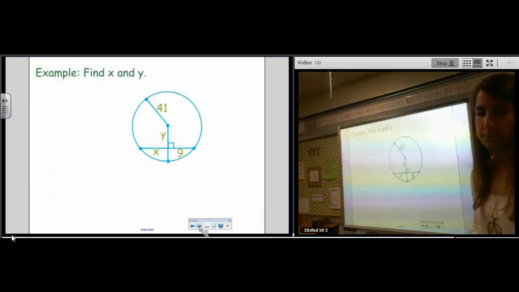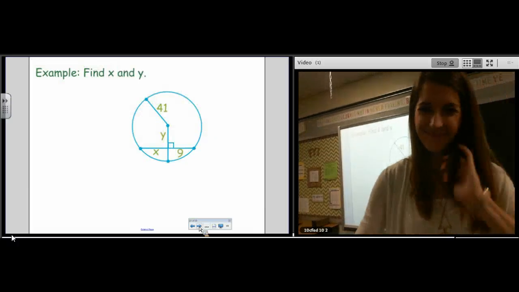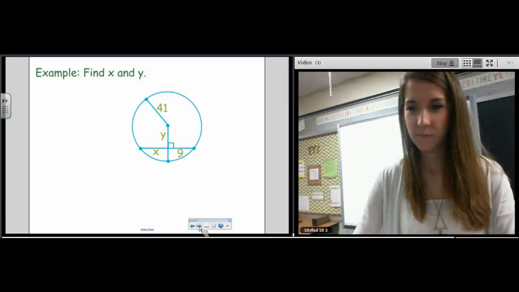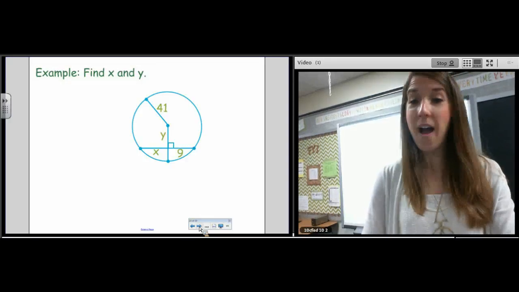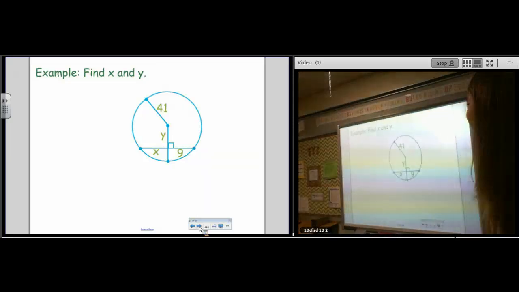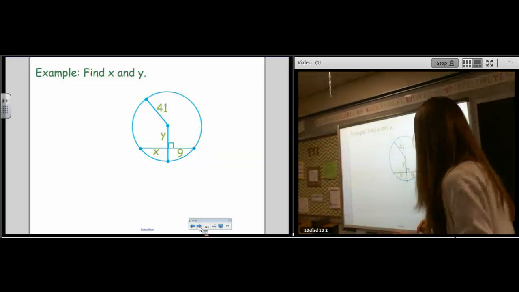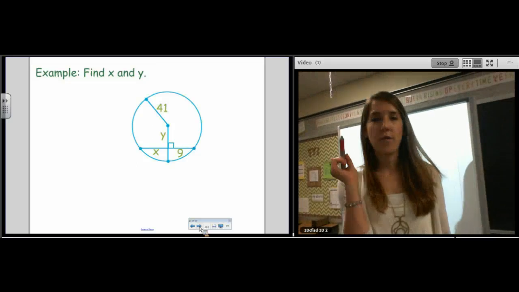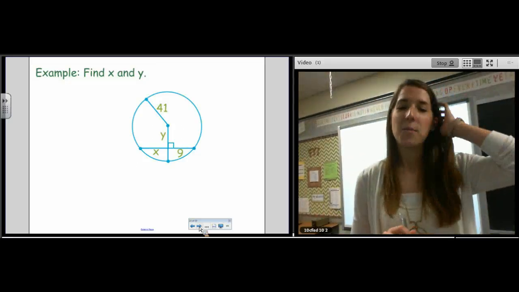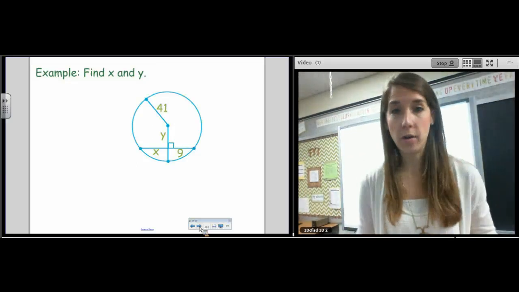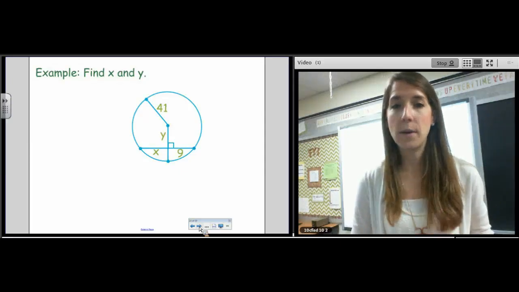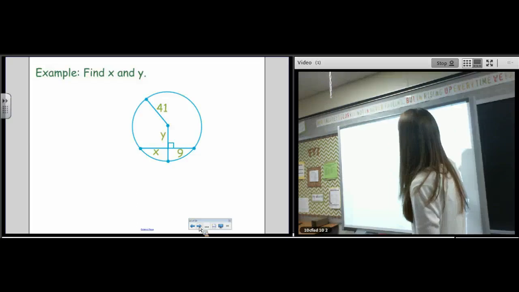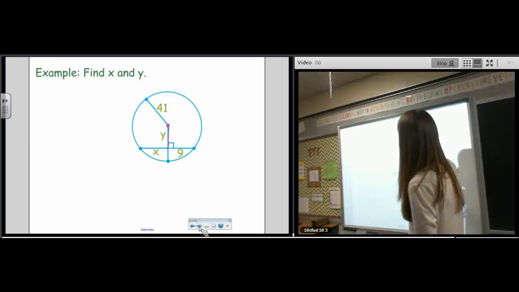All right, let's try this one. Find X and Y. Okay, now Y. From now until eternity, when I give you a number or a variable, and you're not sure what I'm labeling, it's always, always, always labeling from an intersection to the very next intersection you see.